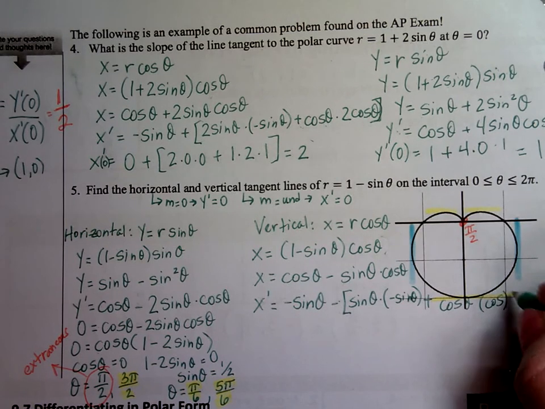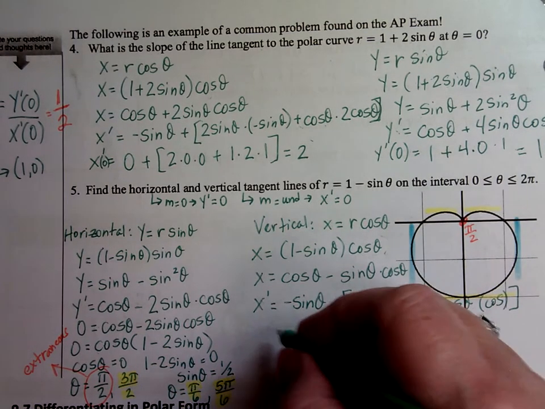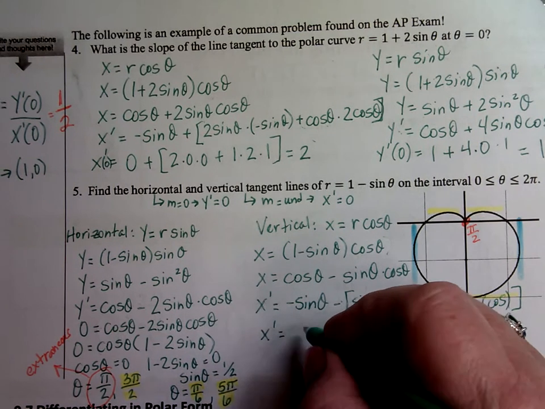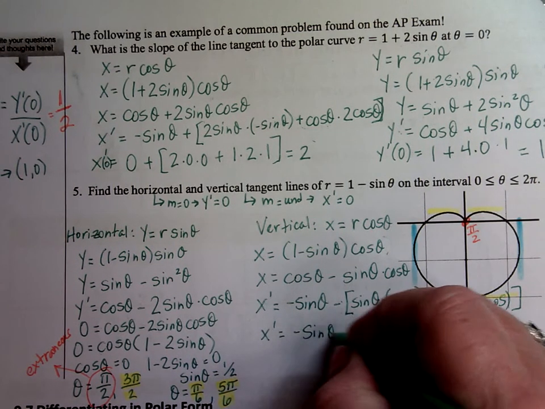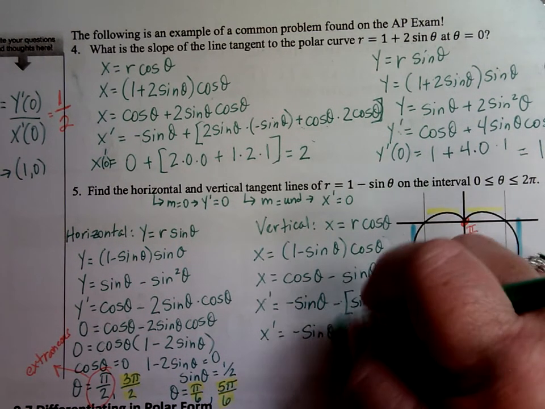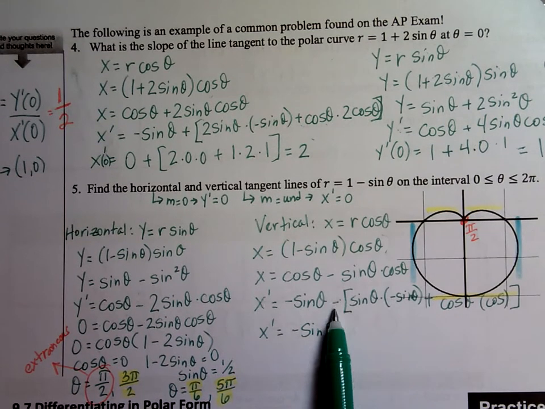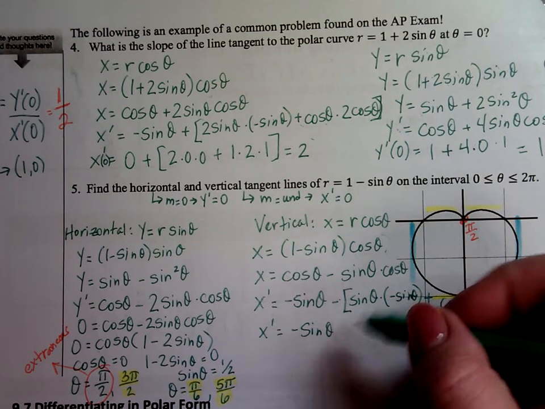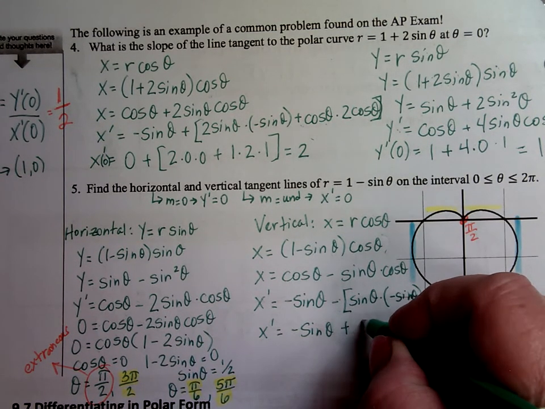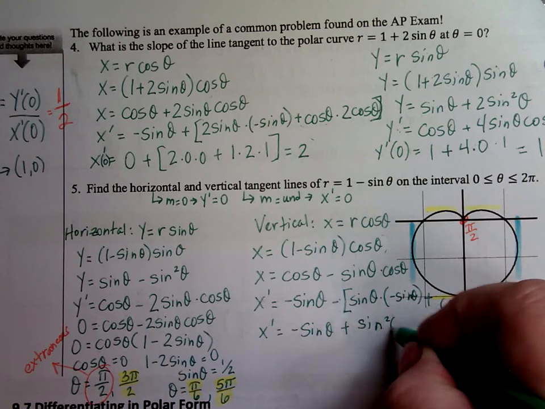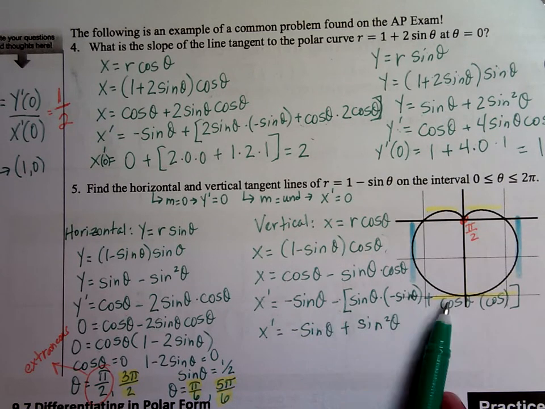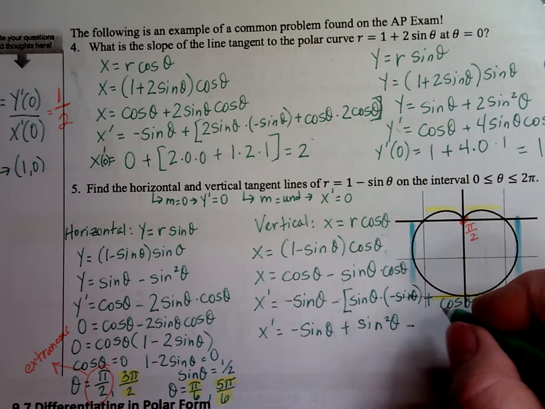So here's where it puts me, and this is going to be really interesting. Negative sine of theta, and then it's going to be, is it plus or minus? Negative is plus sine squared of theta. But I have a negative and a positive makes this minus a cosine squared theta.